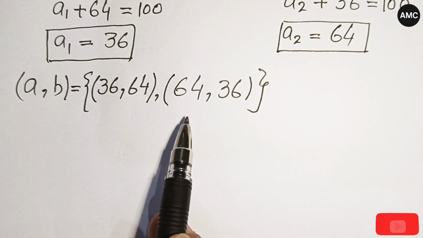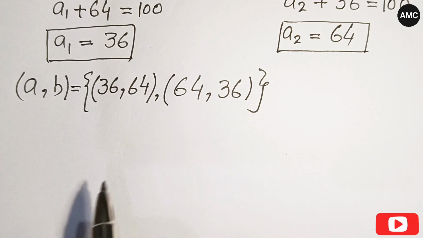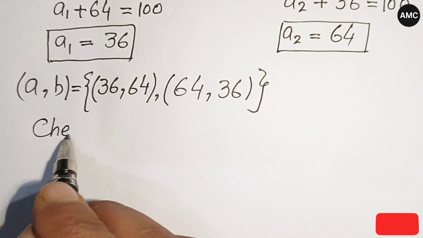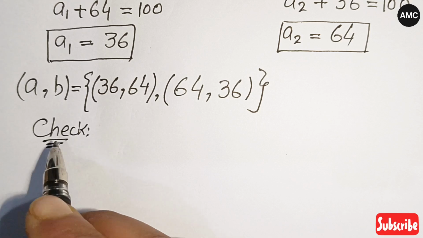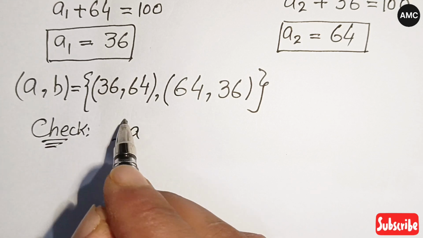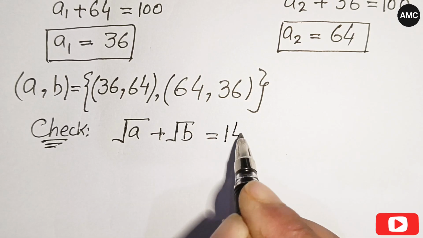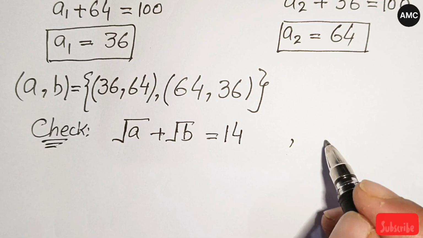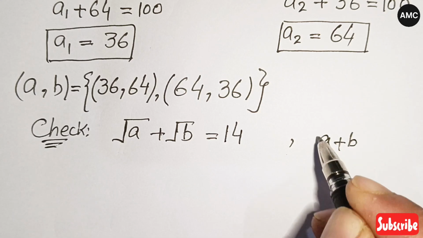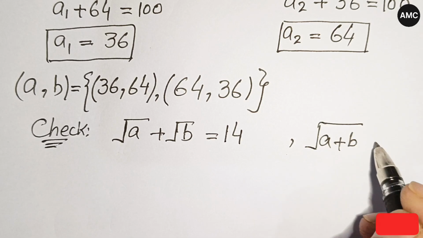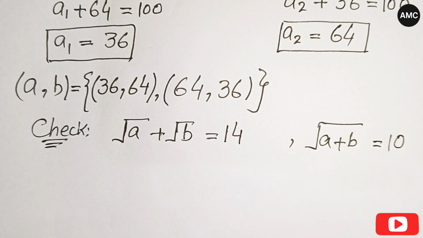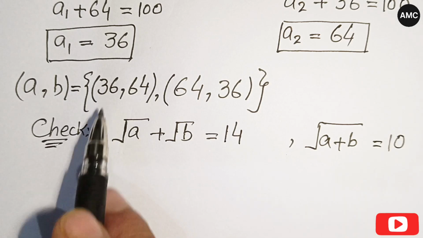So we can use any pair for verification to check our result. To check our problem, we have two equations: square root of a plus square root of b is equal to 14, and the second equation is square root of a plus b is equal to 10. Here a is equal to 36.